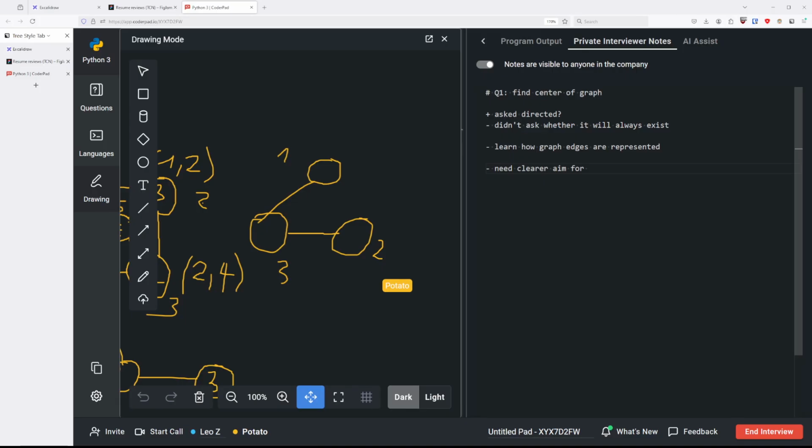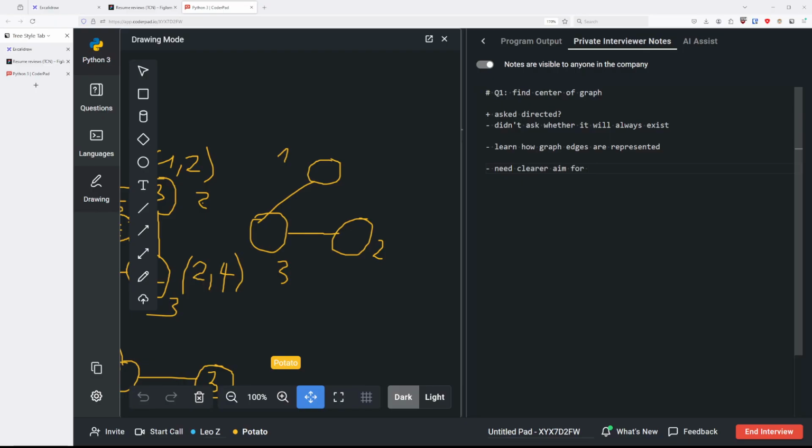So what's a property of a node that is a center? What properties have you noticed? So it will connect to every node in the graph. Yep, that's true. That's the only node that connects to all the other nodes in the graph. There's one center. Okay, and what does that mean about the number of edges it has?